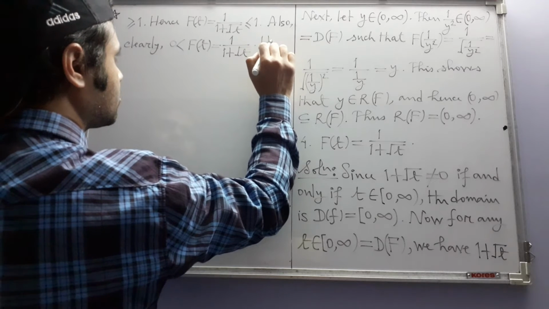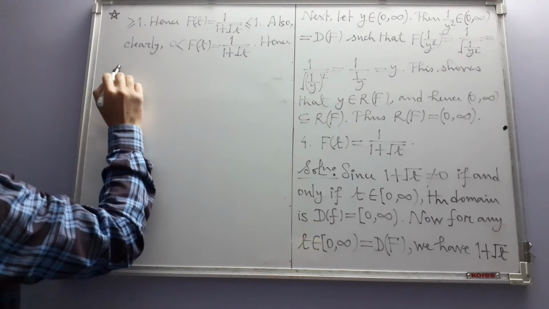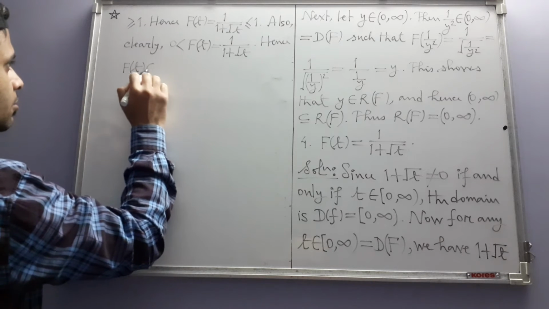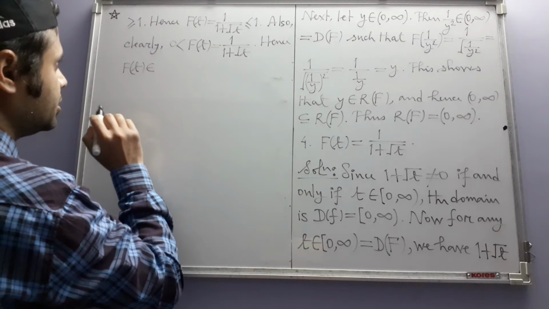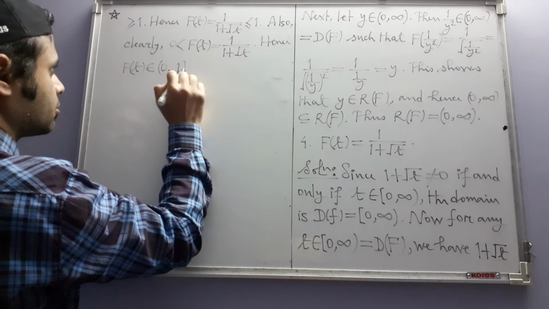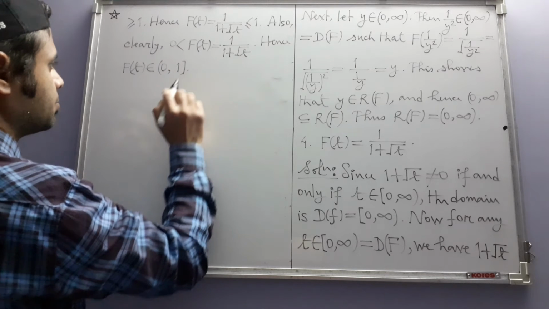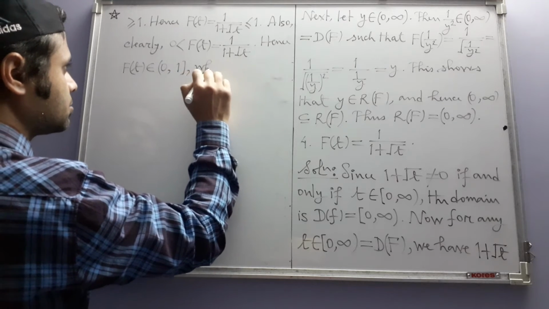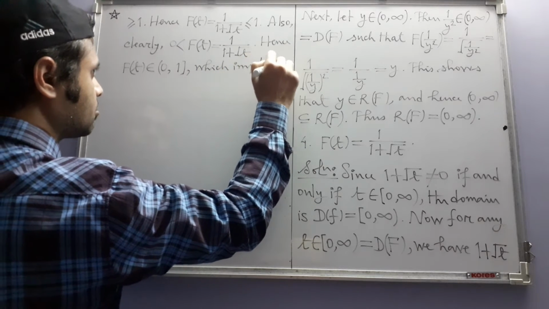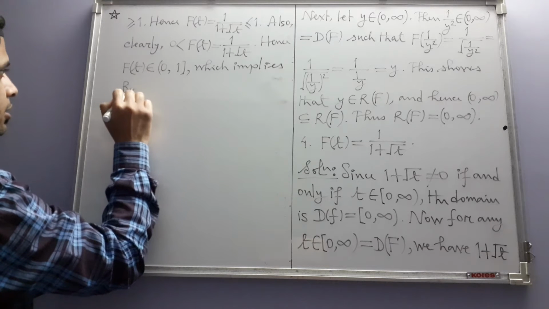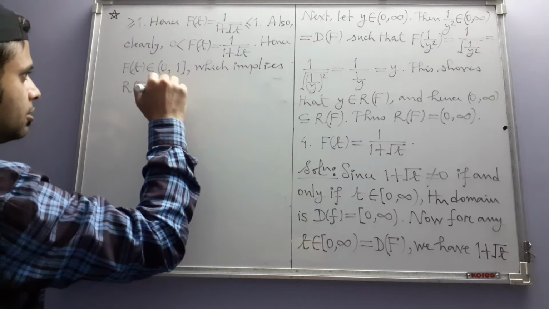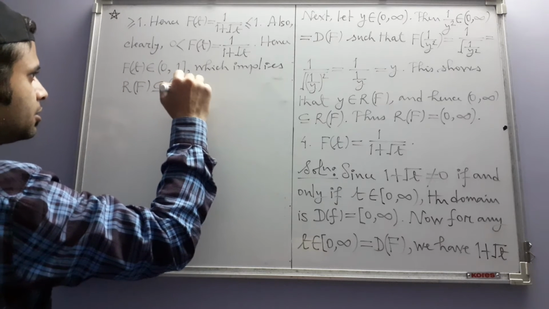Hence, our output belongs to this half open interval. It's greater than 0 but less than or equal to 1, which implies that the range of f is contained in this half open interval.